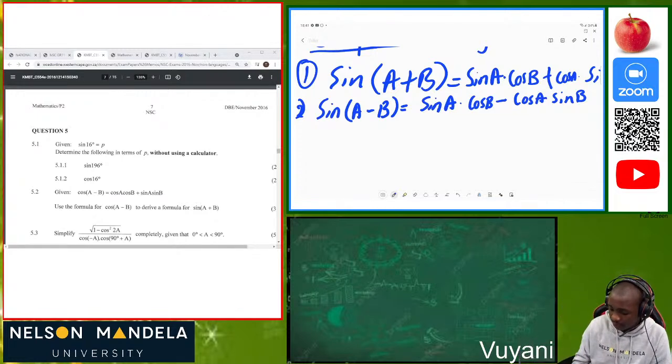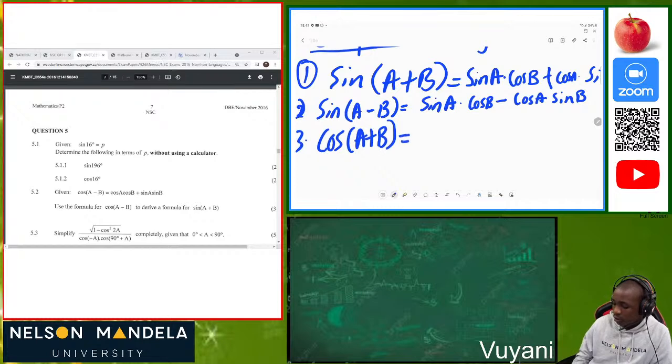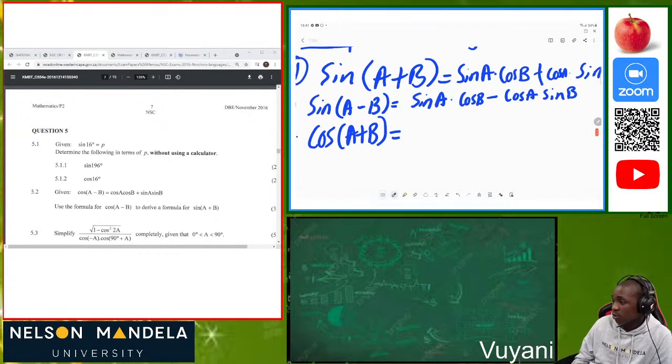Okay, let's move forward. We have cos of A plus B. So on the part of cos now, that's where we have small changes.